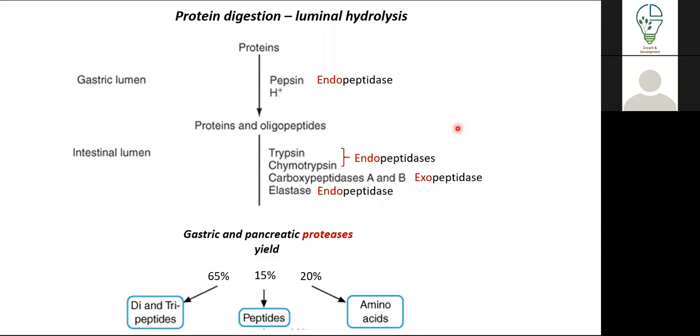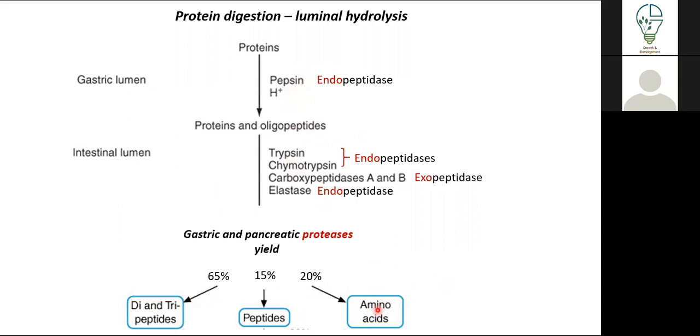Another thing to note is that trypsin and chymotrypsin are endopeptidases, so they cannot break down the terminal bonds. What does that mean for us? That trypsin and chymotrypsin will only leave you with di- and tripeptides. They will never leave you with an amino acid. So trypsin, chymotrypsin, and pepsin cannot leave you with pure amino acids.